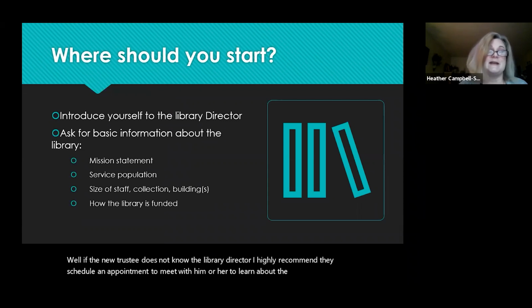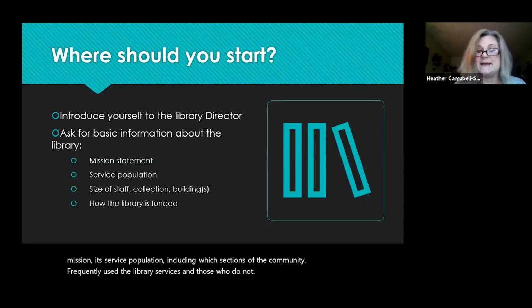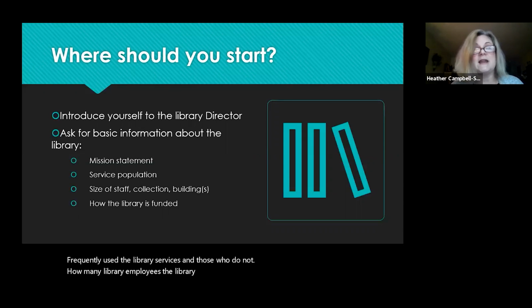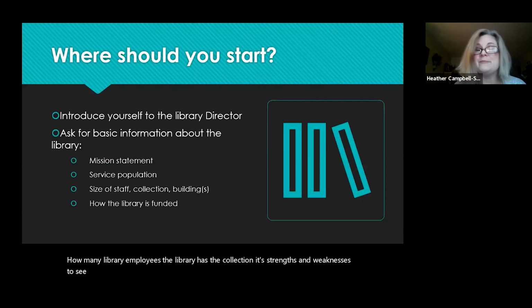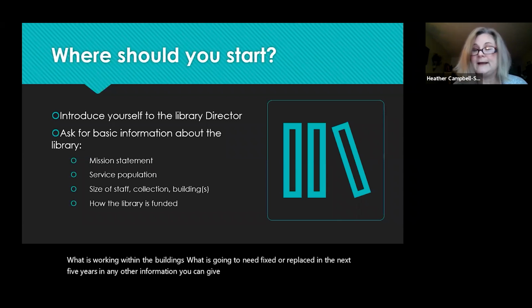This is a perfect opportunity for the new library trustee to learn about the library's mission, its service population, including which sections of the community frequently use the library's services and those who do not, how many library employees the library has, the collection, its strengths and weaknesses, to see the library building or library buildings if you have branches, what is working within the buildings, what is going to need fixed or replaced in the next 5 years, and any other information you can give that new board member about the building.